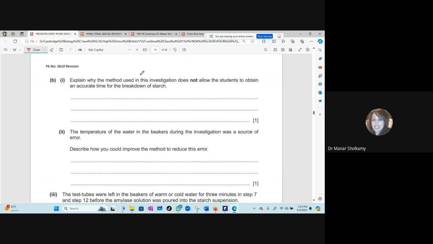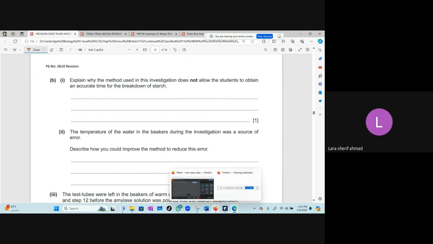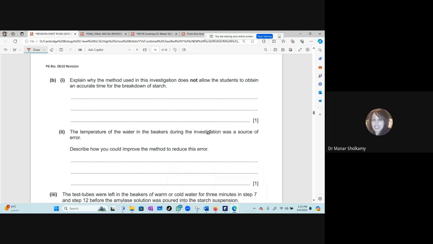What do you think? Putting the drops in the spot takes time. You're exactly right. Exactly. What if the starch was broken down between the 30 seconds?